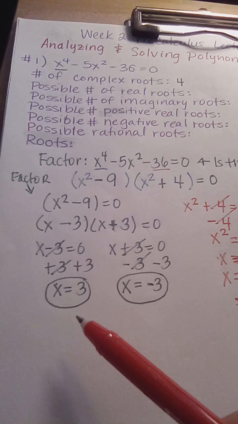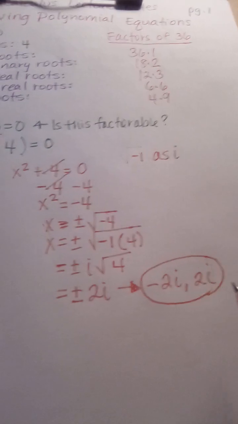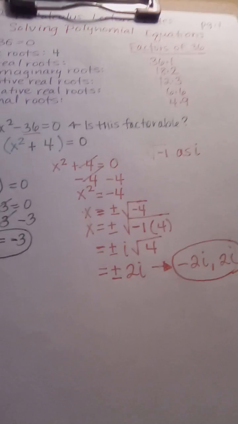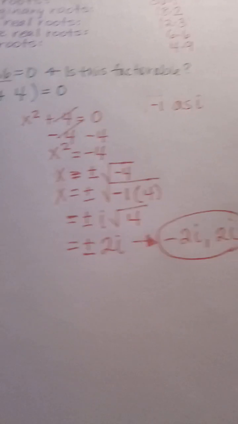It's okay. Don't need to worry. Okay, there you go. So we have the x's 3 and negative 3, negative 2i, and positive 2i. So we have 4. All right. So any questions on this part?